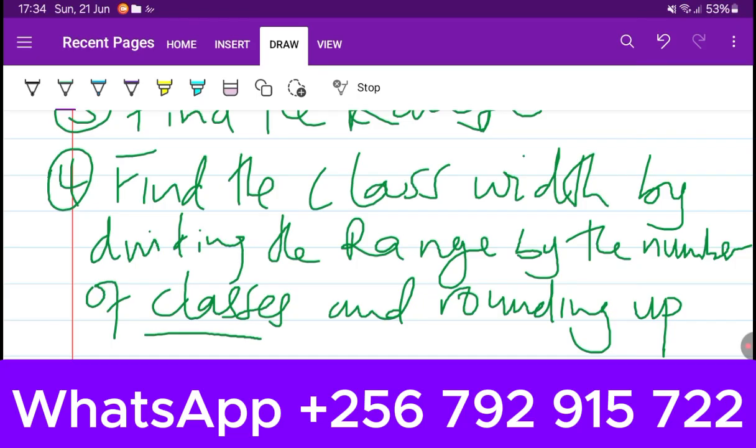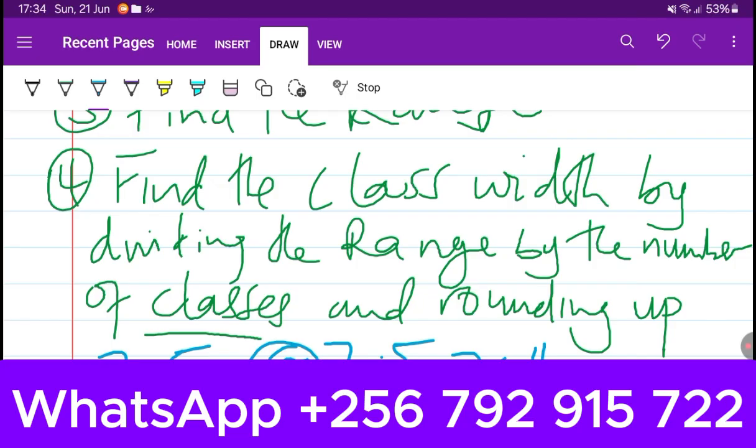But we round off some of these values. For example, you may get a class width of 3.5. You can round this to 4 and take that as the class width. But don't over round. If it is 3.5 and you say 4 is not convenient and round it to 5, this is not good. You just do the normal rounding up. If it is 3.4, please take 4.